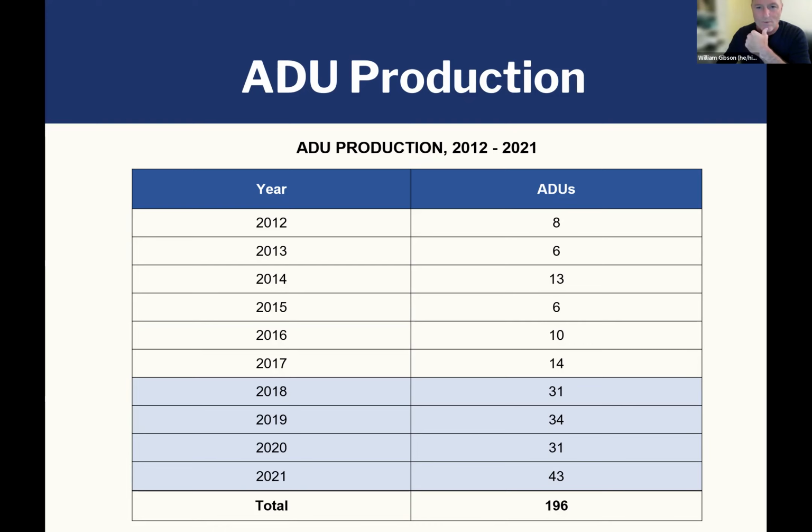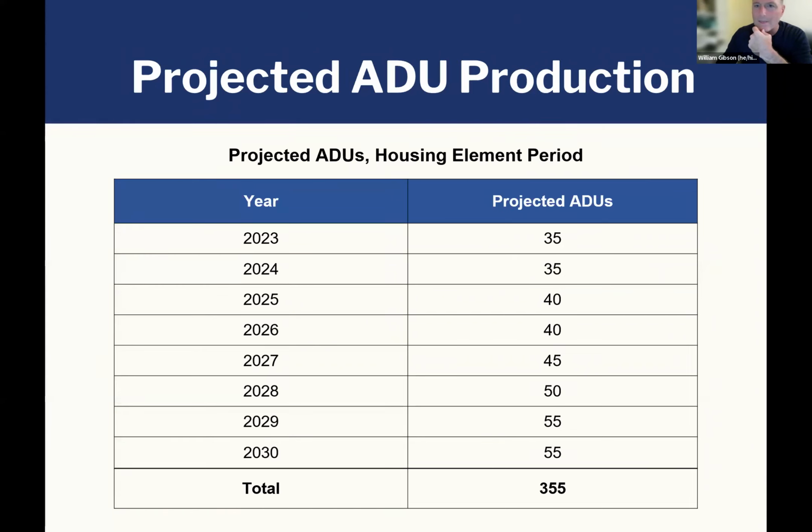And then we revised them again in 2019 and again in 2020. And as you can see, the numbers increased significantly. In 2021, there were 43 units built, and we are on pace to have something like that or more this year. So projecting that forward, this is our, I think, fairly conservative estimation of how many ADUs will be built over the next 8-year period.